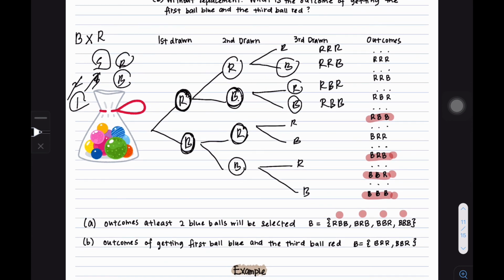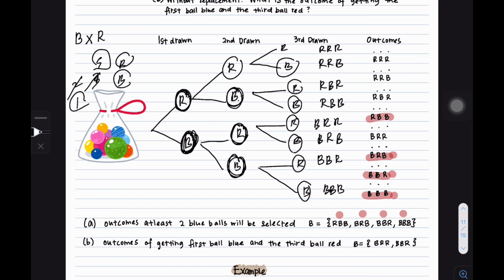Next B, R, R. Dapat blue, dapat red, dapat red. B, R, B. Dapat blue, dapat red, dapat blue. B, B, R. Blue, blue, red. And B, B, B. Blue, blue, blue. This one is the possible outcomes when we do the experiment without replacement.